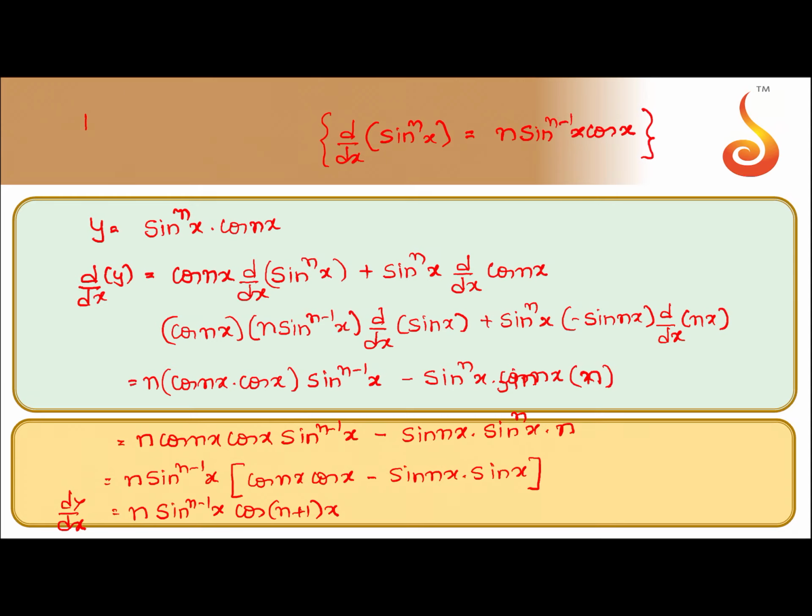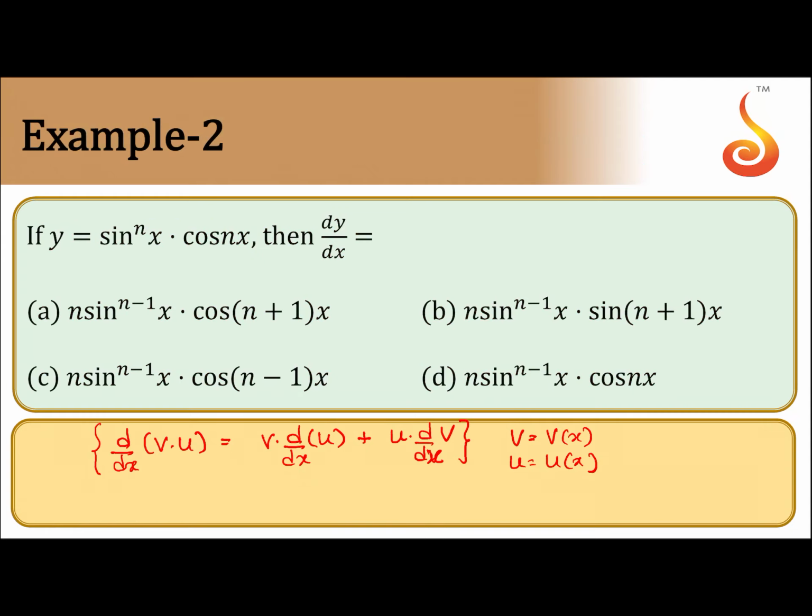Similarly, d by dx of cos nx is nothing but minus n sin nx. These are the two formulae which we used in this problem. So dy by dx equals n sin n minus 1 x into cos n plus 1 x.